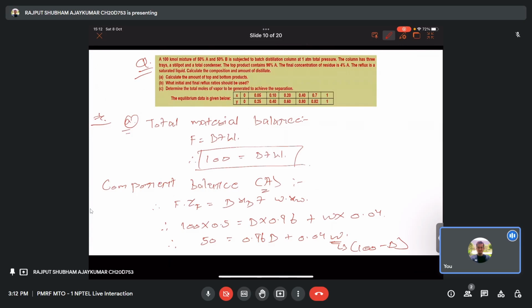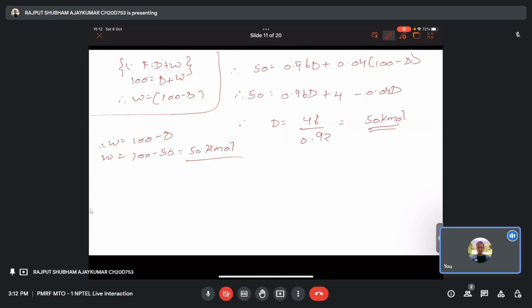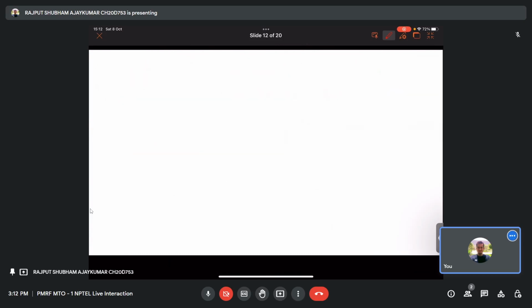So we have to try to plot a diagram here. The steps will be: if you take the equilibrium, the points X and Y have been given to us already, and both of them vary from 0 to 1.